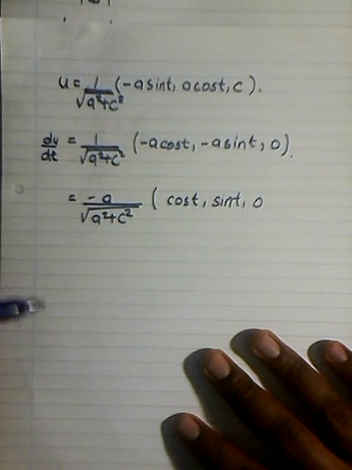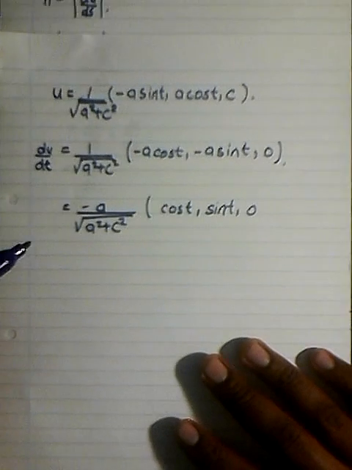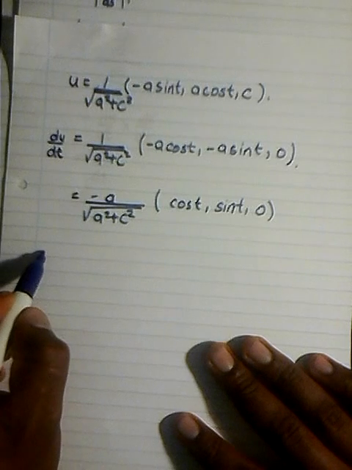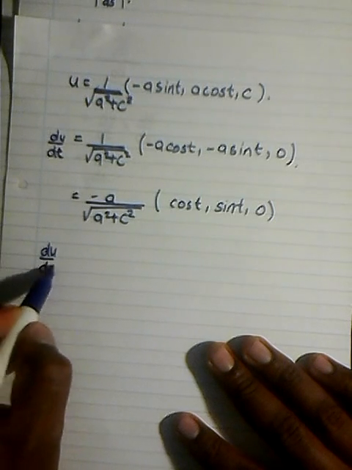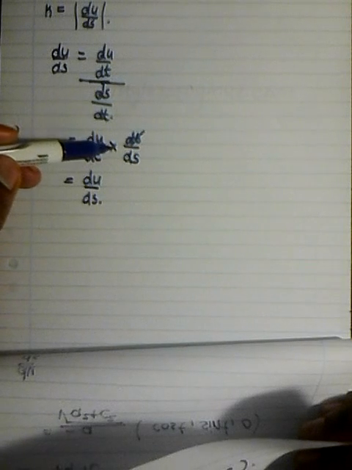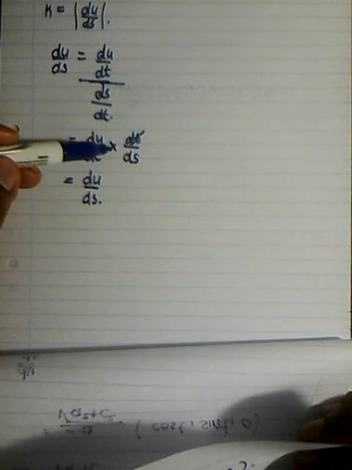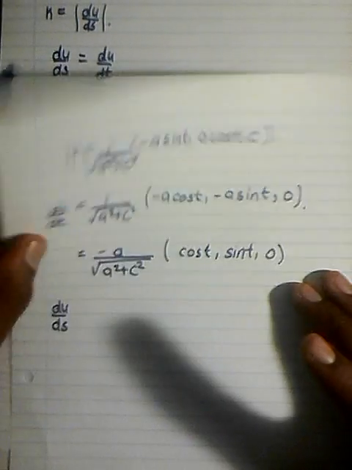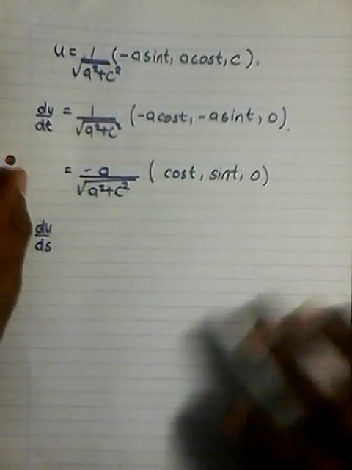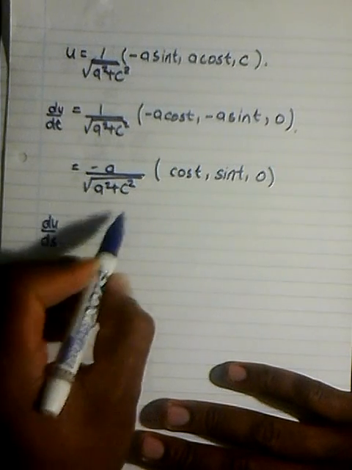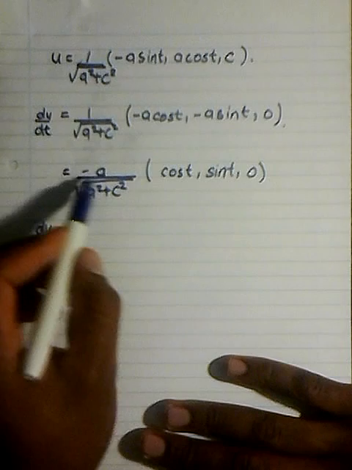Now let's determine du ds. We want to determine du ds, right? We said that du ds is the same as taking du dt and multiplying it by the inverse of ds dt. Let me put back my negative sign here.